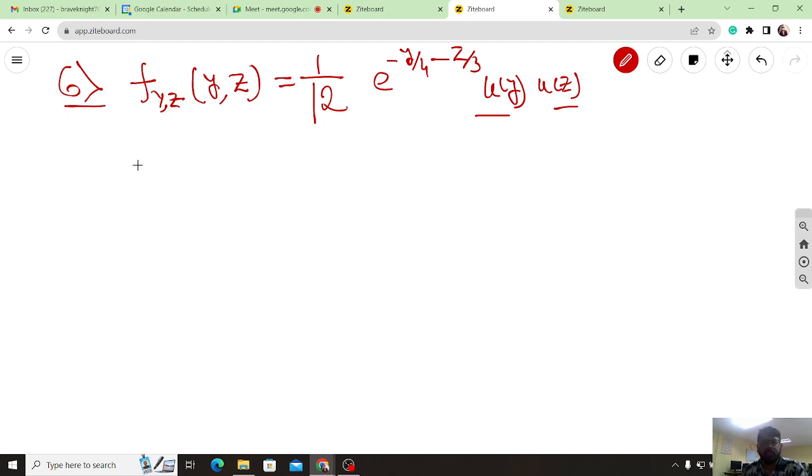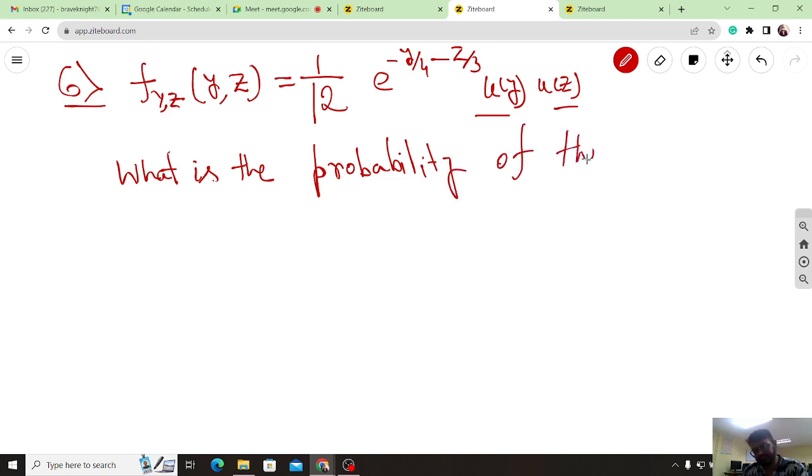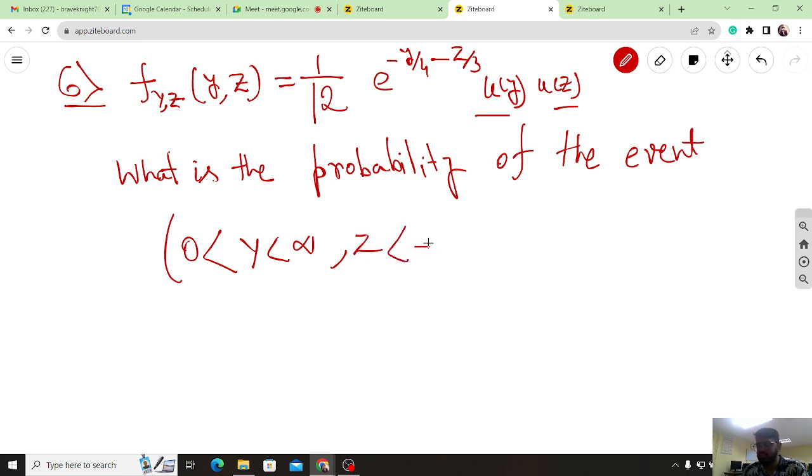And from this we have to comment what is the probability of the event 0 less than y less than infinite and z less than minus 2.